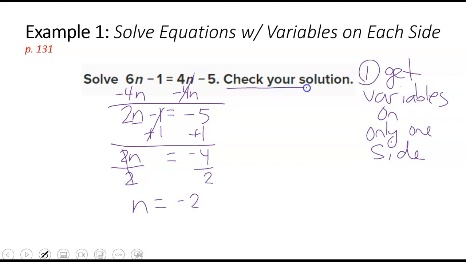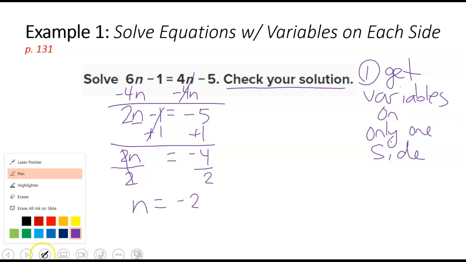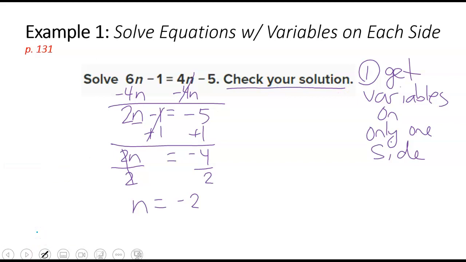Now we can check our solution. If we want to see if we got this correct, we go back to the original equation, and in place of n, I'm going to put negative 2 and see if this works.